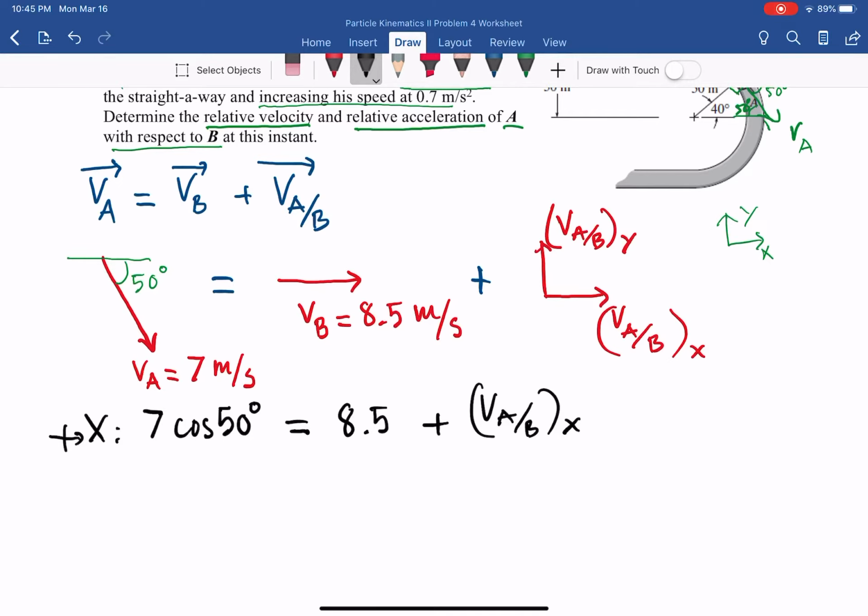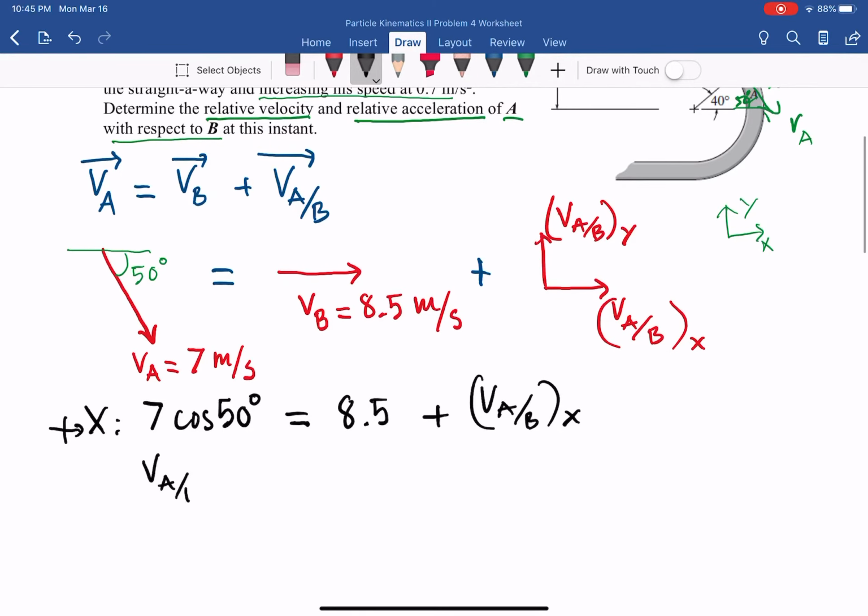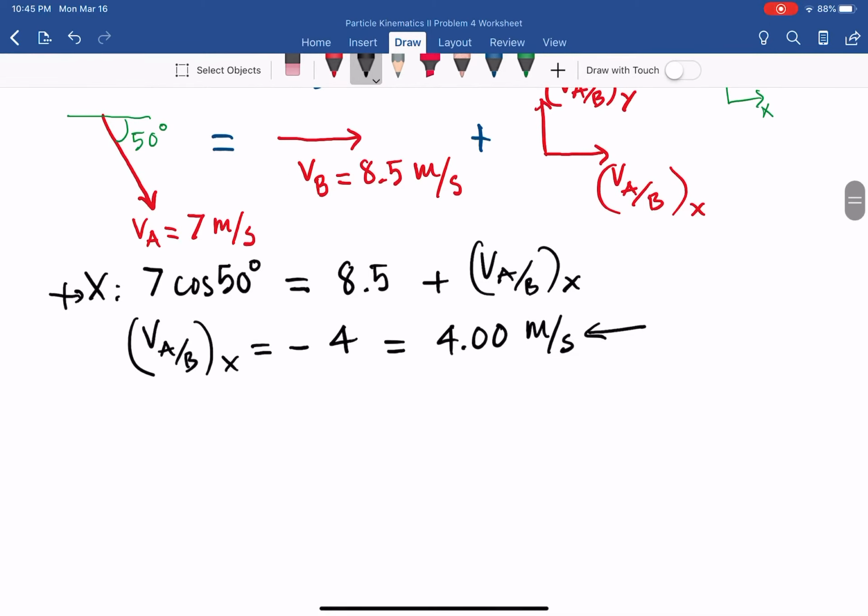This is one equation, one unknown. So we have VA relative to B x equal to negative 4. What does that mean? It is opposite to our assumption on the kinematic diagram, where we assumed it goes to the right. Now the answer should be go to the left, 4 meters per second going left. Okay, so that is the first component.